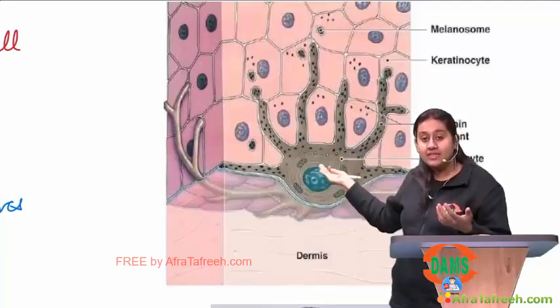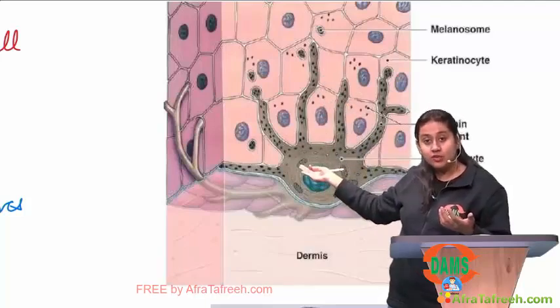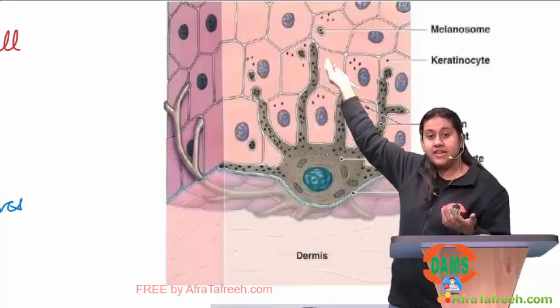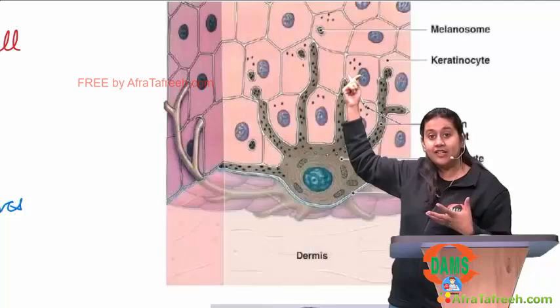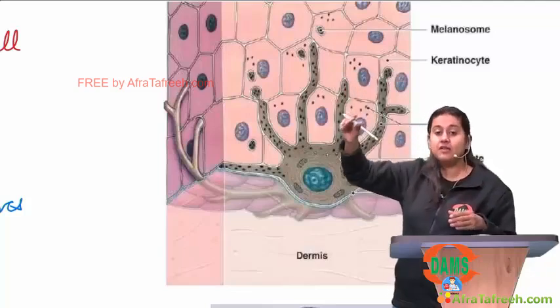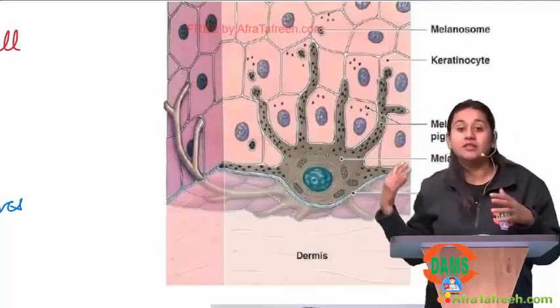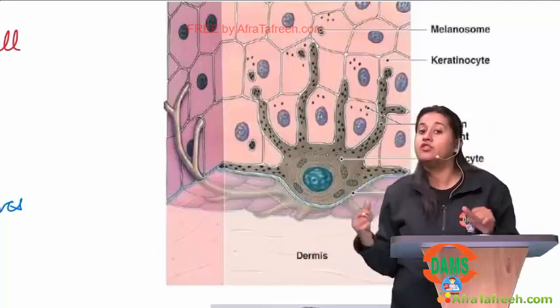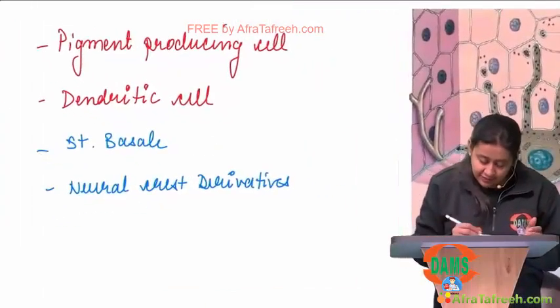Once the melanosome produces the pigment, it reaches up the dendrites and distributes the color to the adjacent keratinocyte, and this color forms an umbrella like covering over the nucleus of the keratinocytes, and that is how it protects the nucleus from the harmful radiations of the sun rays. So please remember that it's a neural crest derivative.